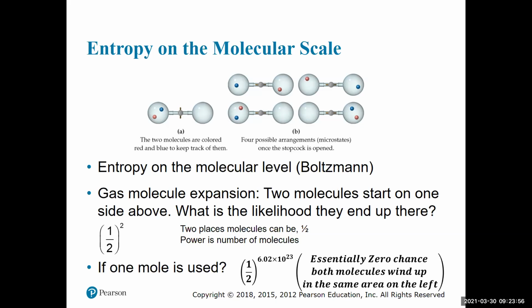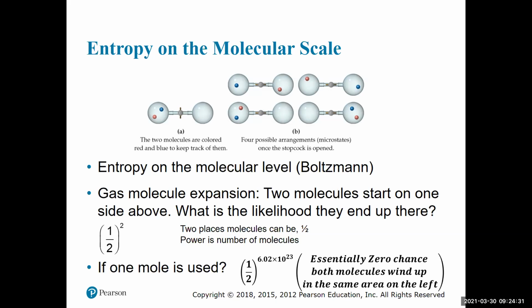But you don't often have just 2 molecules. Remember Avogadro's number, the number of molecules in a mole, 6.02 times 10 to the 23rd. So if we had 1 mole of gas and we did this same experiment, it would still be 1/2 because we have the 2 sides of the apparatus.